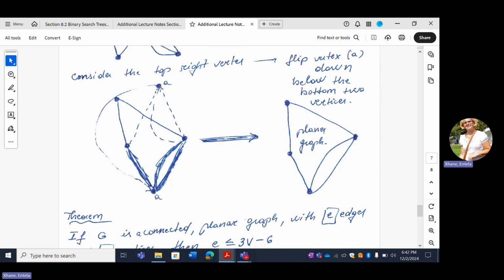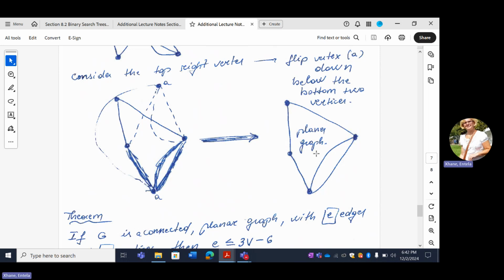So the two dashed edges now are the thick solid ones. And then the loop is a connection between this existing vertex and an A that is flipped on the other side. So this is the new image after we flip A from the top to the bottom on the other side of this diagonal edge.